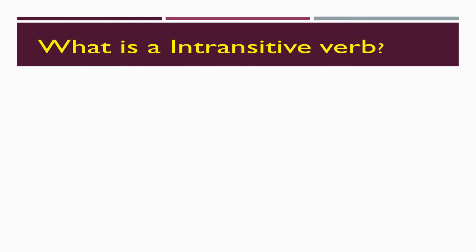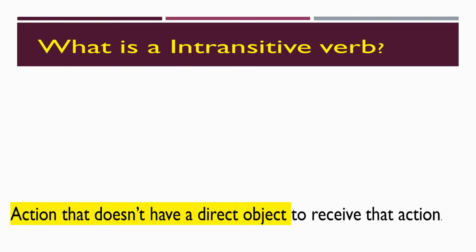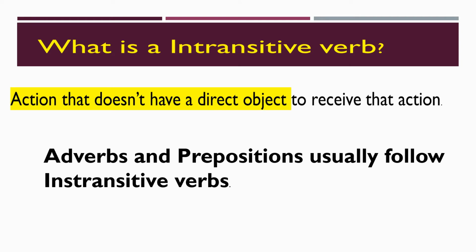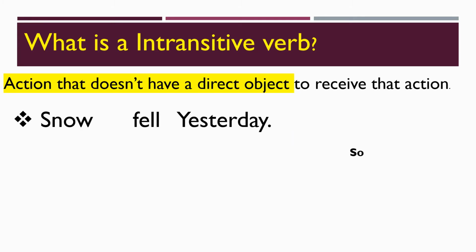What is intransitive verb? The action that does not have a direct object to receive that action. Adverb and preposition usually follow an intransitive verb. Now we will look into intransitive verb, the action that does not have a direct object to receive that action.